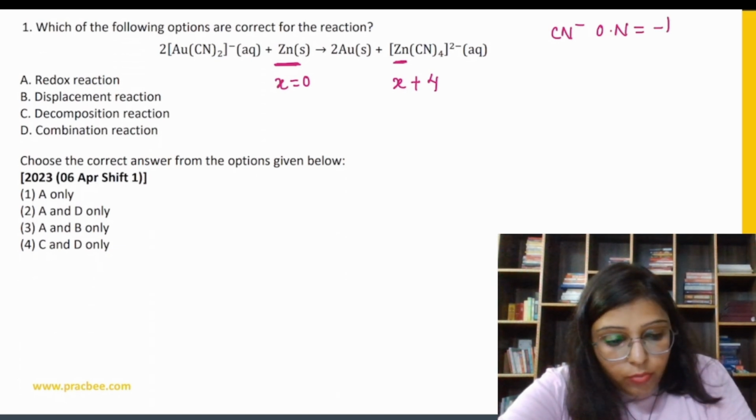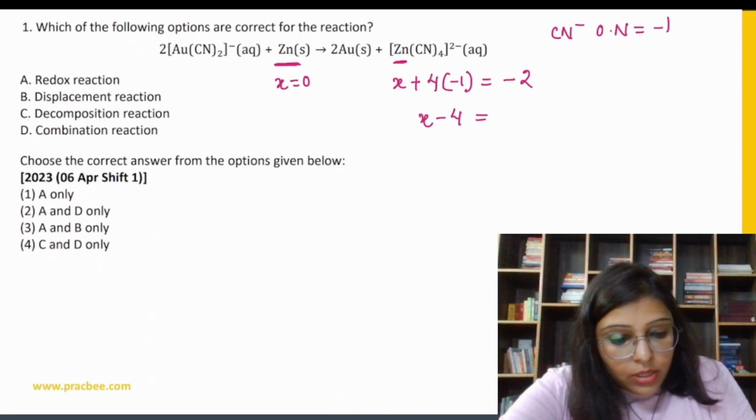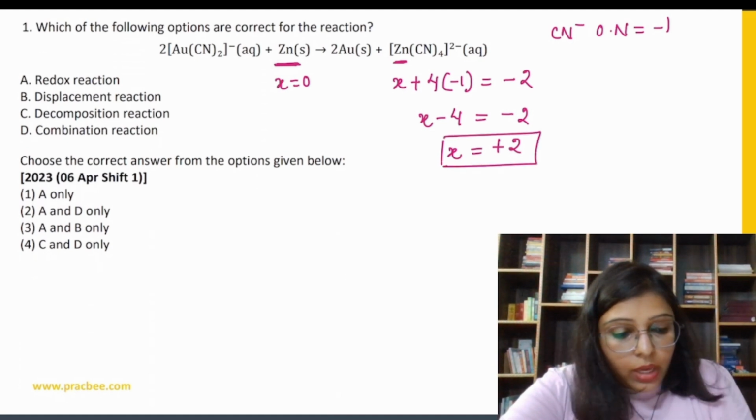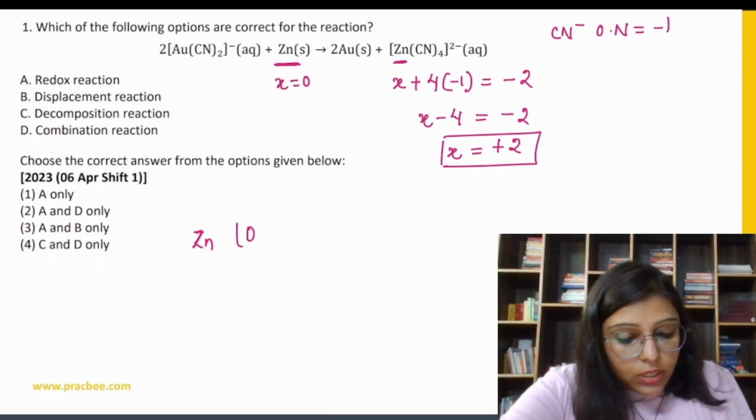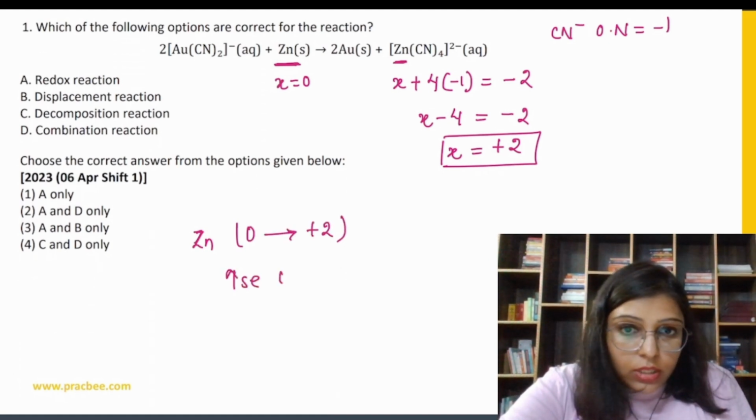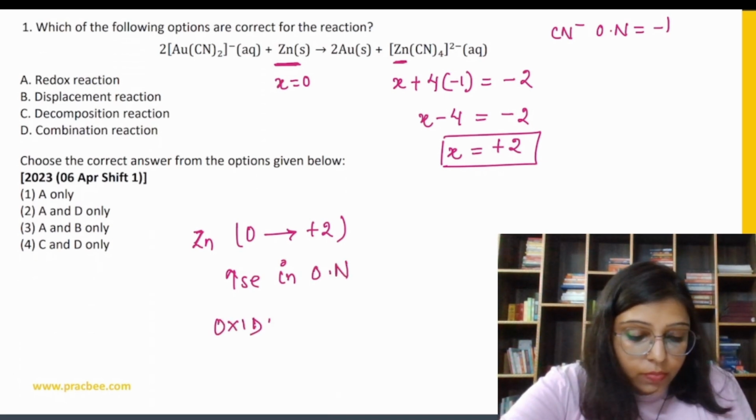So X plus 4 into -1 is equal to the total charge on this complex. So X minus 4 is equal to -2, where X is equal to +2. So zinc goes from 0 oxidation state to +2 oxidation state. So there is an increase in oxidation number, and increase in oxidation number means oxidation.